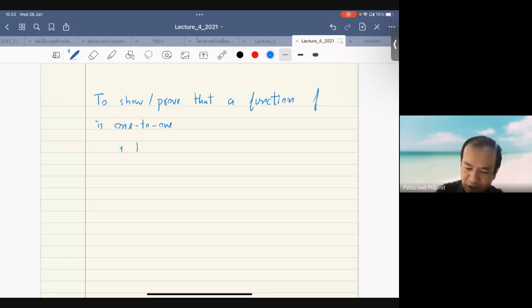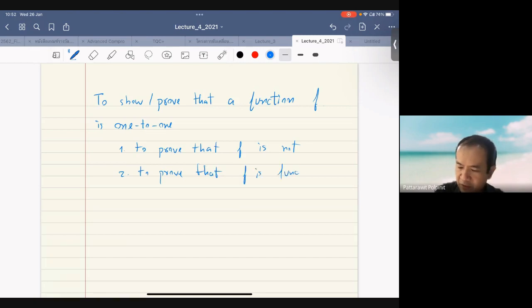One is to show that f is not one-to-one, and the other is to prove that f is one-to-one. Last time we discussed this a little bit.